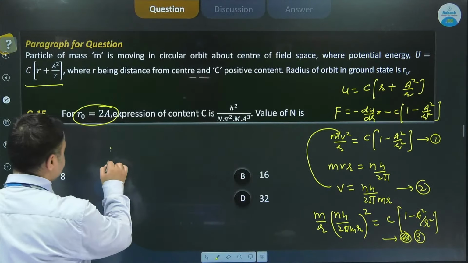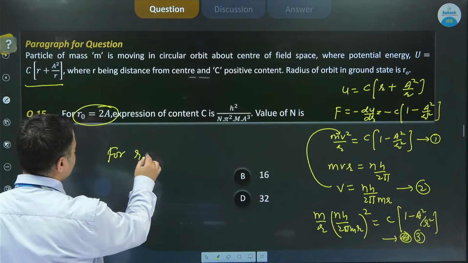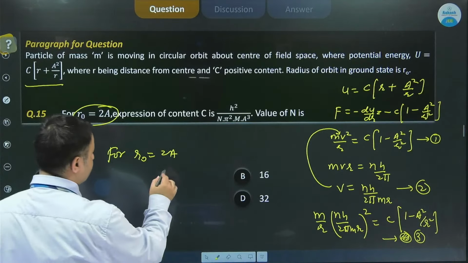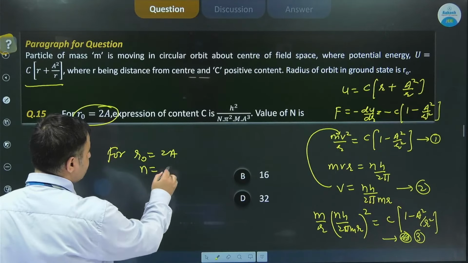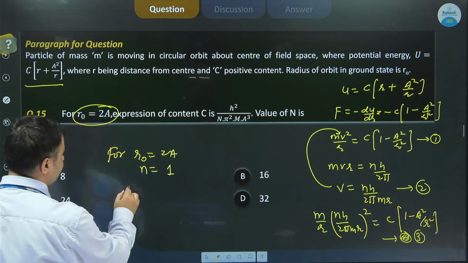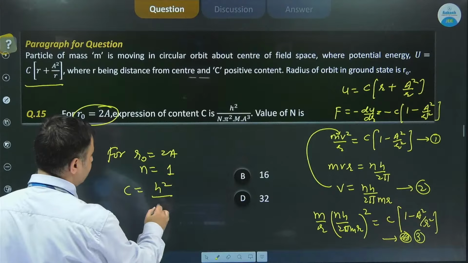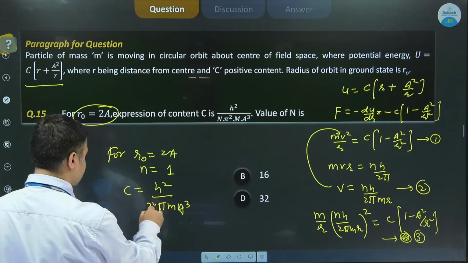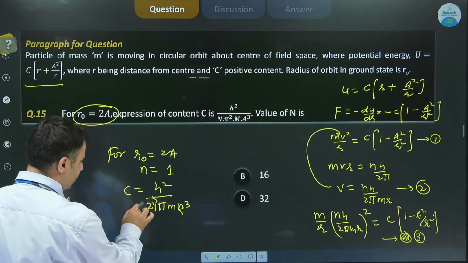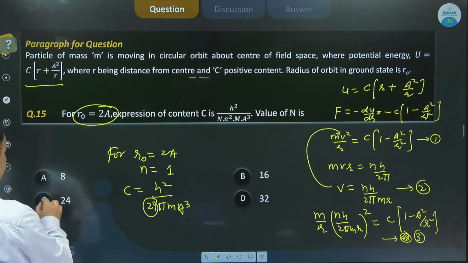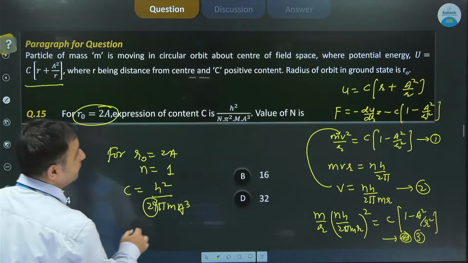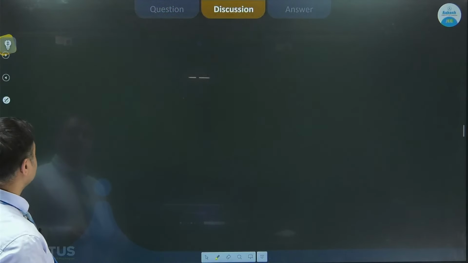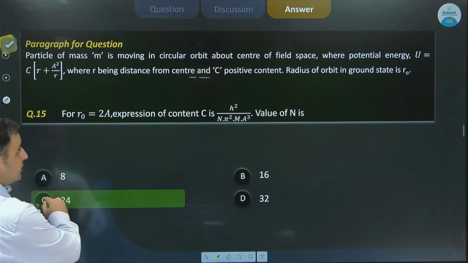For R naught equal to 2a, and for the ground state n equal to 1, we get the value of C as h square upon 24 pi square m a cube. So 24 should be the answer for the value of n. Yes, 24 is the answer.